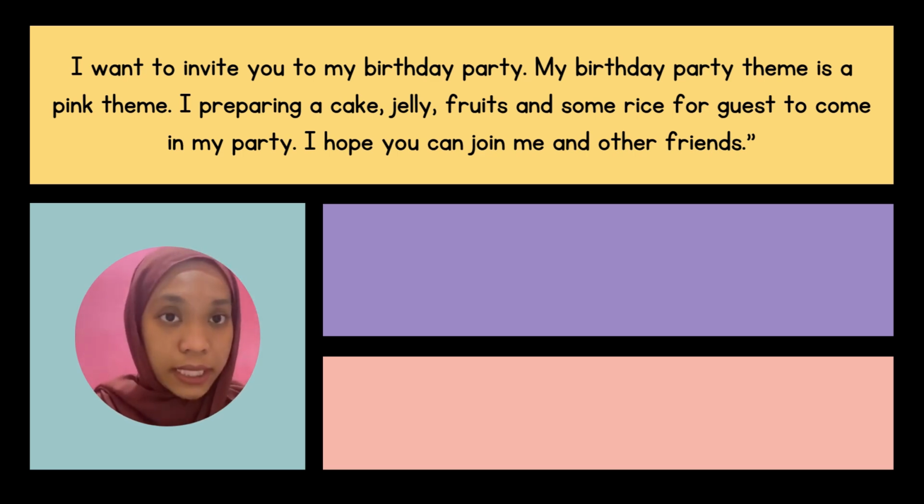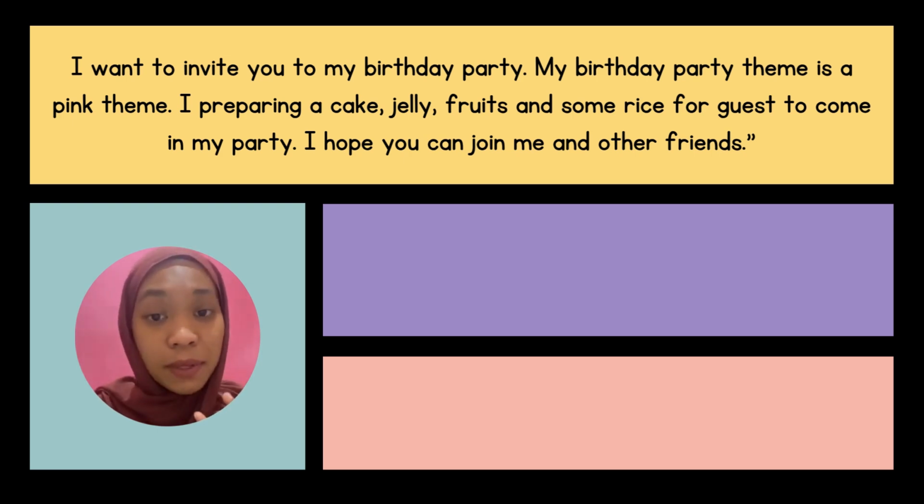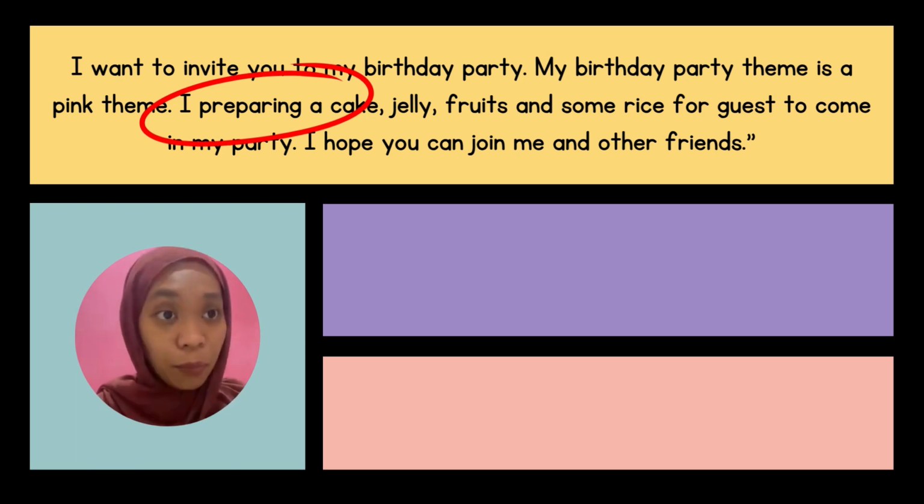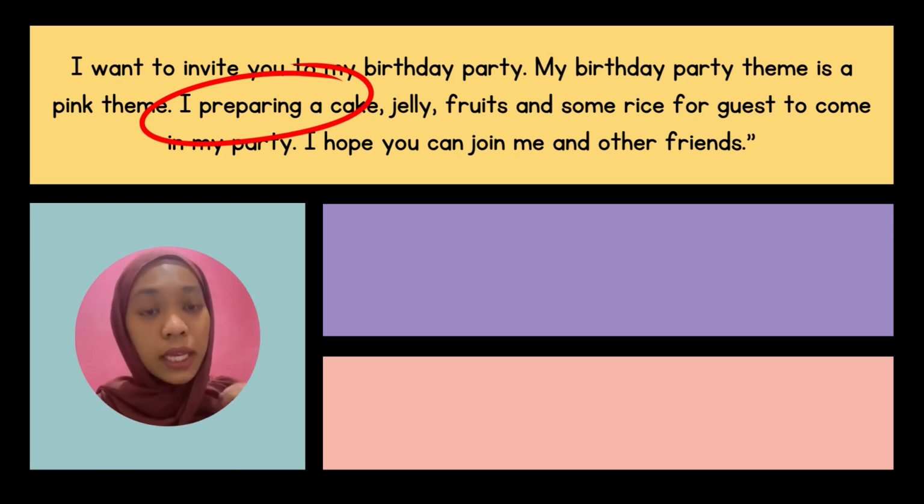My birthday party theme is a pink theme. I'm preparing a cake, jelly, fruits, and some rice for guests to come in my party. I hope you can join me and other friends. So which one do you think is wrong in the sentence? Yep, I'm preparing a cake, jelly, fruits, and some rice for guests to come in my party. So I'm preparing a cake is wrong.